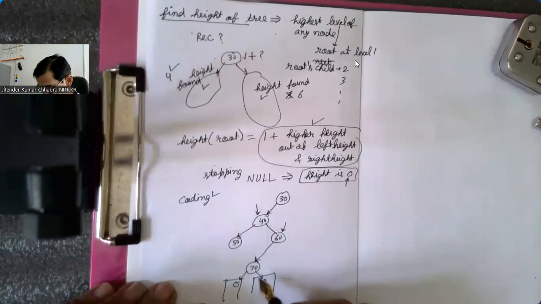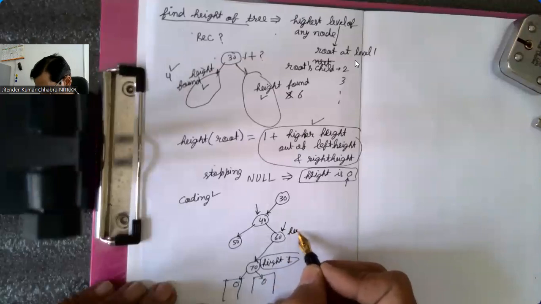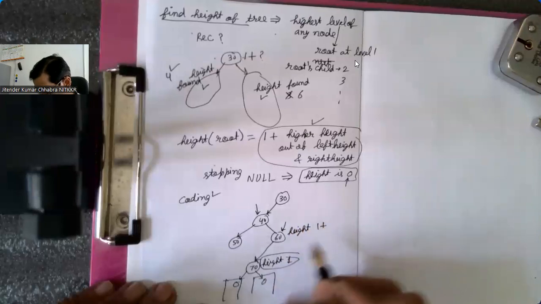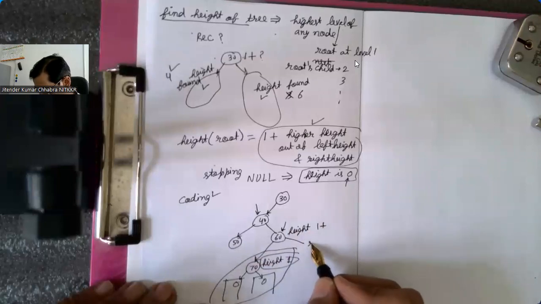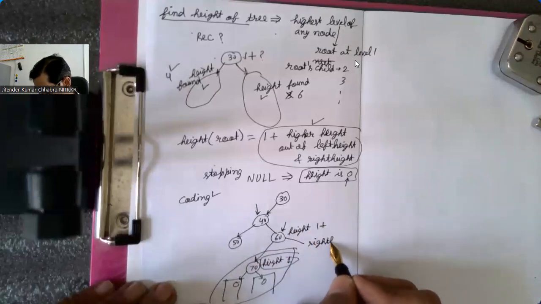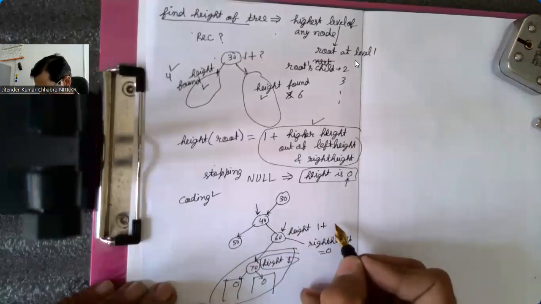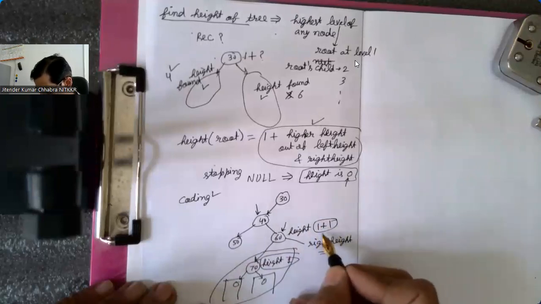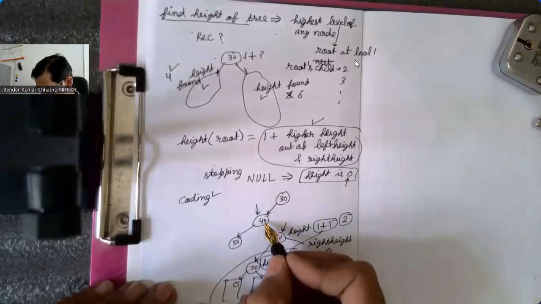So if both sides have height 0, 70's height becomes 1 plus 0, that is 1. 60's height becomes 1 plus left sub height, that is 1, and right height is 0. So it will become 1 plus 1, with the 1 coming from here. This becomes a 2.